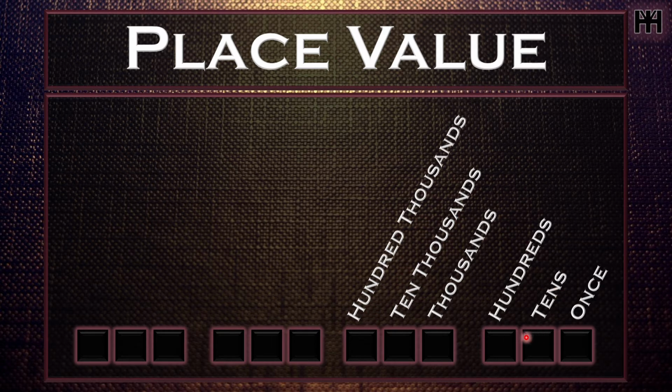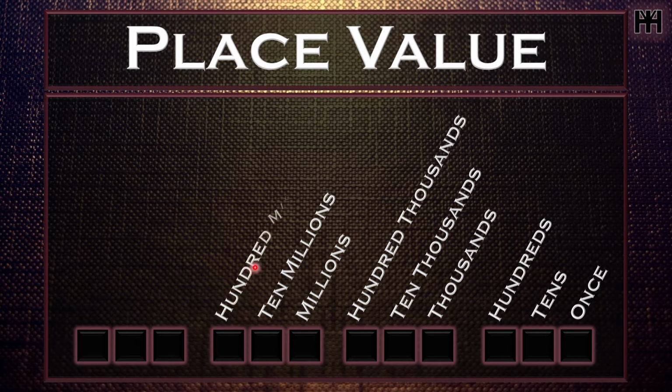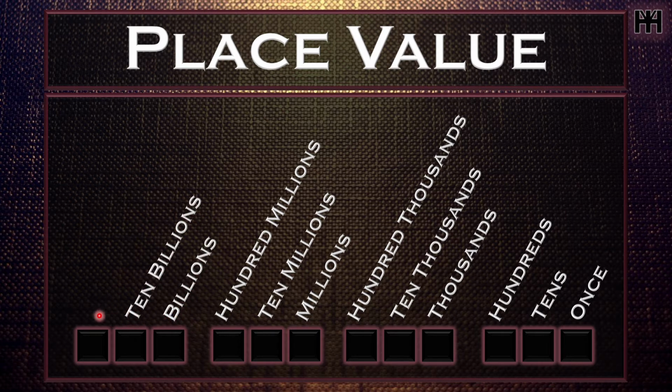As you see here, this will be repeated but in another way. We have the unit, then the 10, then the 100. Then we have 1000 here, 10,000 and 100,000, and it will be repeated. Here we will have million, 10 millions, 100 millions. Then billions, 10 billions and 100 billions.